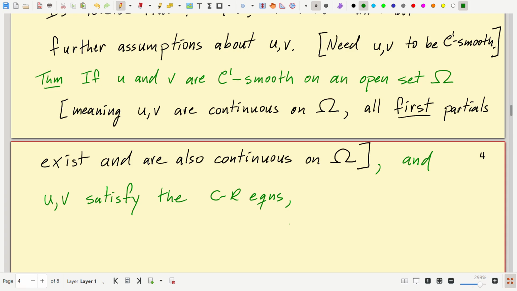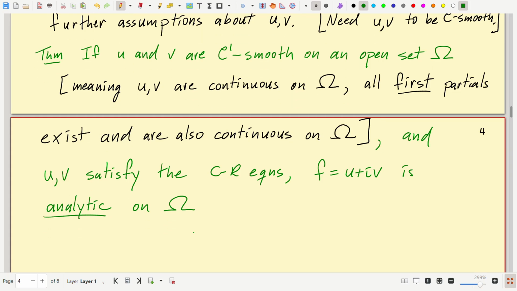Then f, which is given by u plus iv, is analytic. That's a fancy word, remember. It's analytic on omega, which means that it's complex differentiable on that open set. So it's critical that when you talk about analytic, you're talking about an open set.